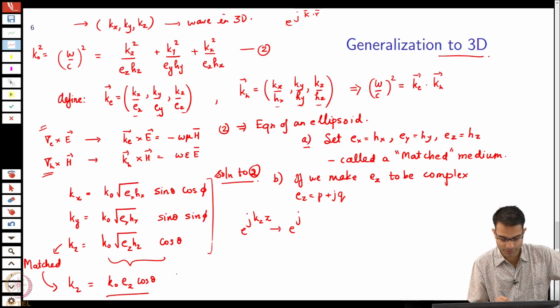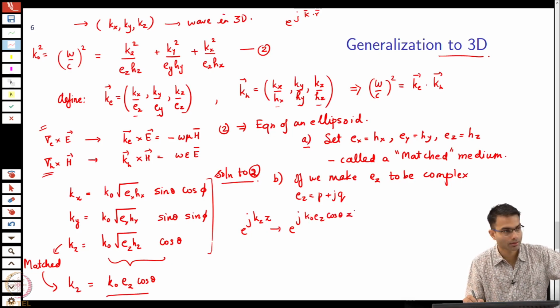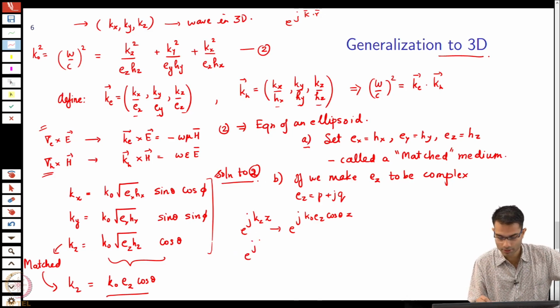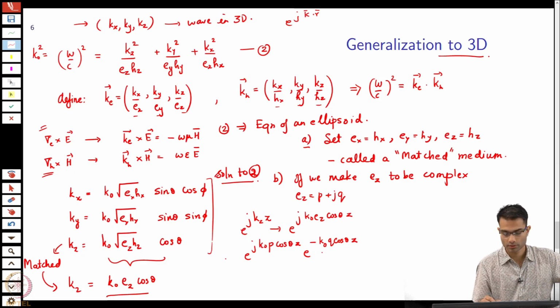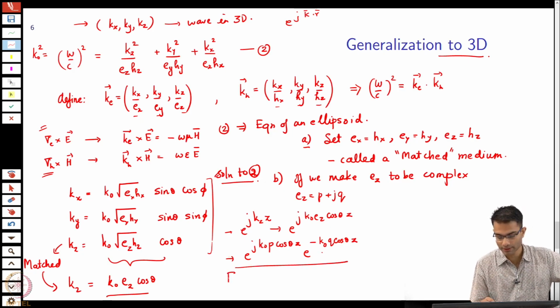Now kz I replace from here, so this becomes k naught Ez cos theta z, and that becomes e to the j k naught p cos theta z and e to the minus, what else? There won't be any j, the j into j is minus 1, so k naught q cos theta z. What does that mean? It's a decaying wave, right. So this is, in other words, an evanescent wave.